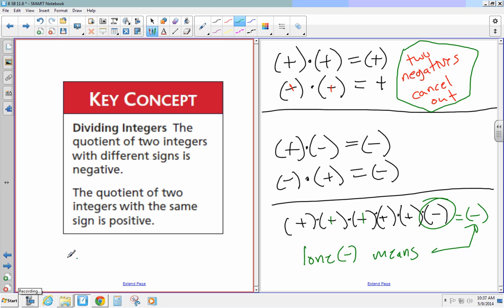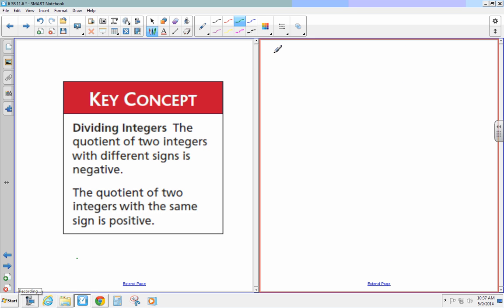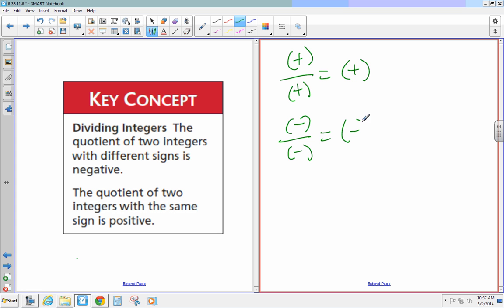For division, it's the same. A positive divided by a positive results in a positive. A negative divided by a negative results in a positive. Two negatives cancel out.